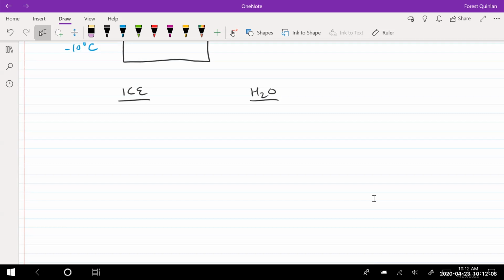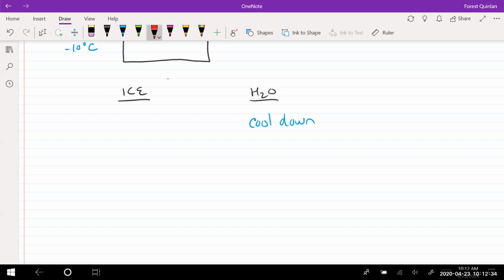Well, if Meng is a little shy, how about I go to Kyra? What's the water going to do in this situation? The water is going to become colder from the ice. All right, so it's going to cool down. Now, what is the ice going to do then?